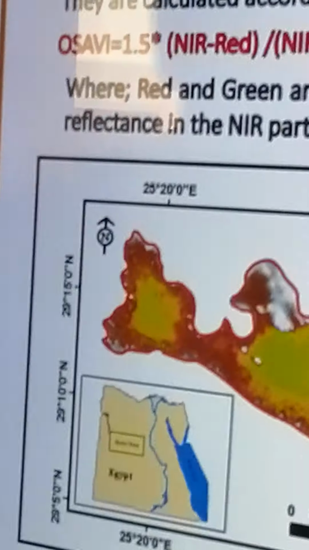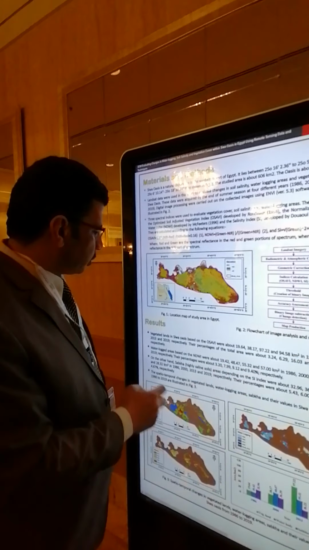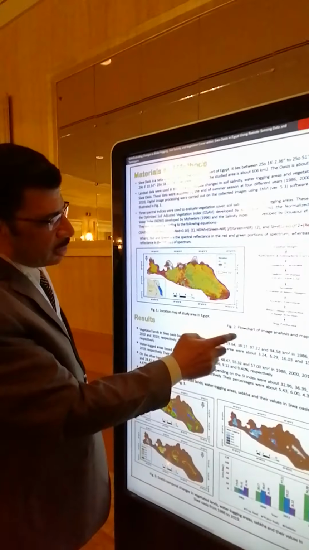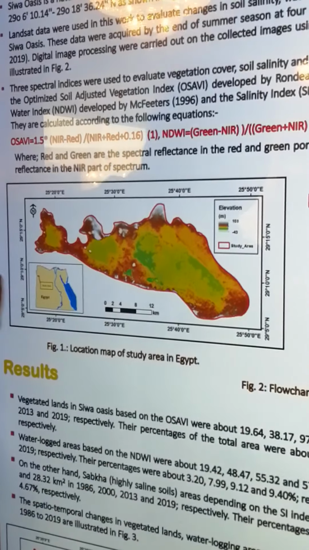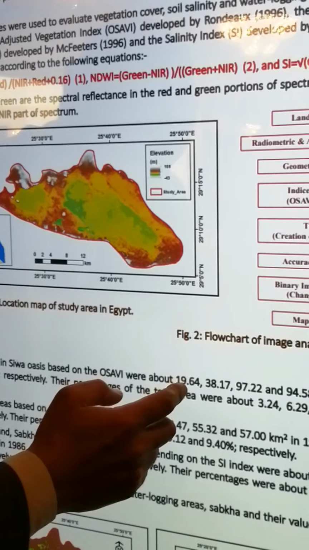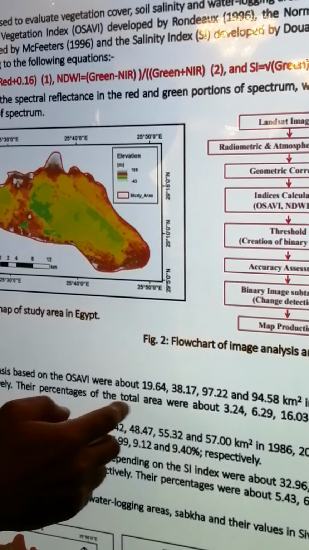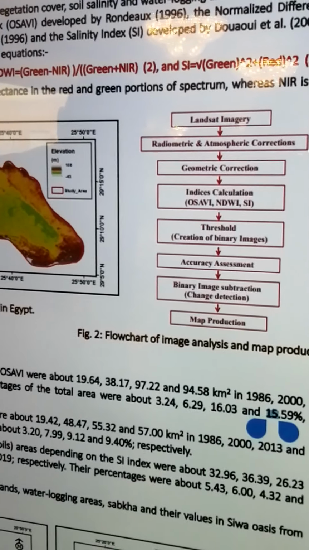I found there is a change in vegetation cover from 1986 to 2019. The vegetated areas were changed from about 20 square kilometers to about 95 square kilometers. This is about 3% of the area, and this about 16% of the area.